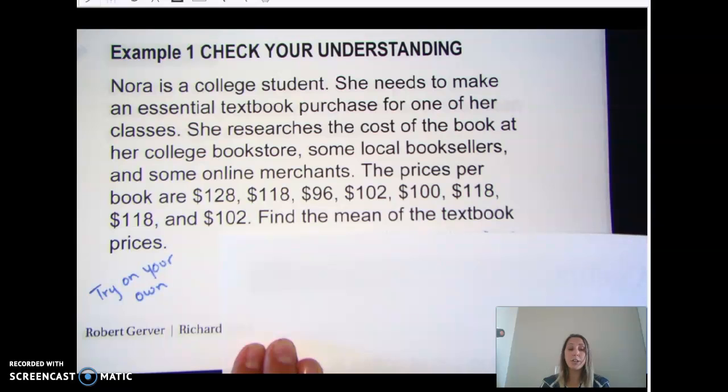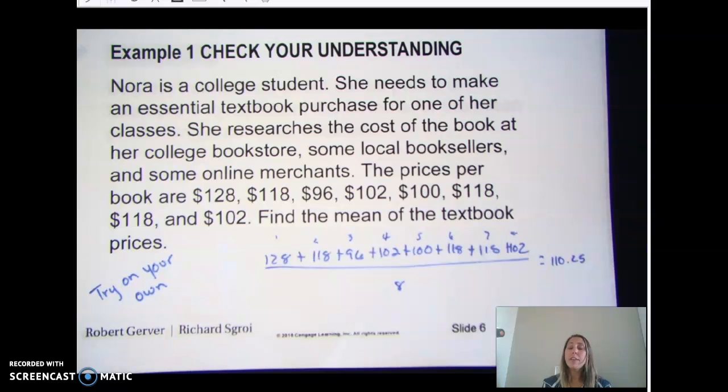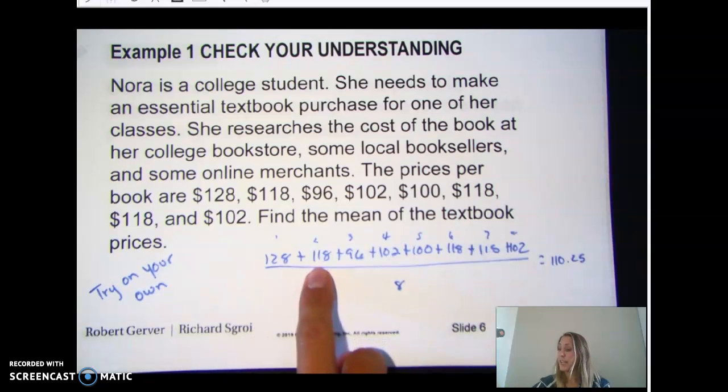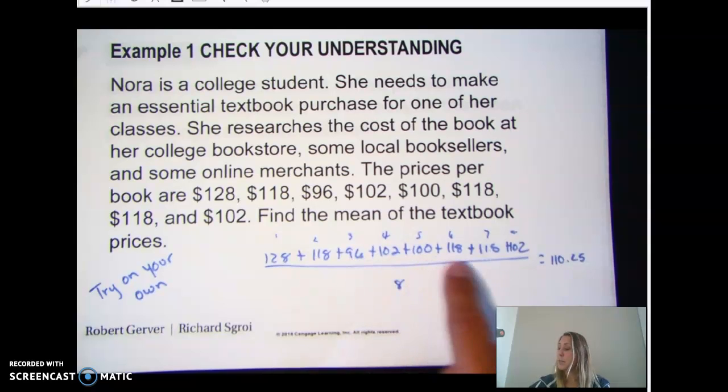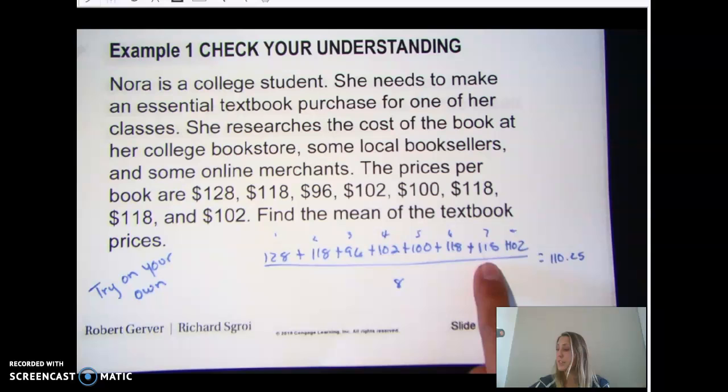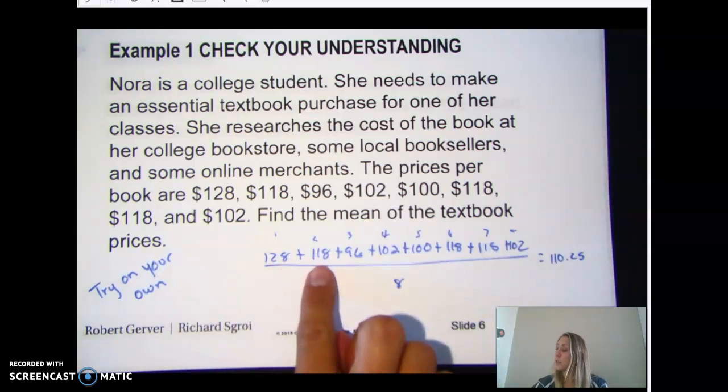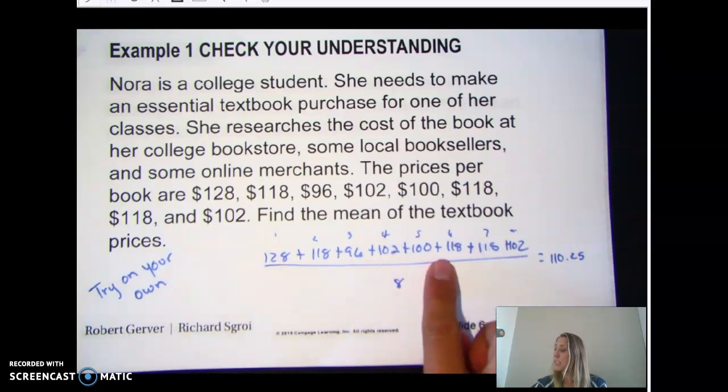This is something you're going to try on your own. You should have gotten that the mean price was $110.25. You should have added 128 plus 118 plus 96 plus 102 plus 100 plus 118 plus 115 plus 102. And there are 8 different entries. So 1, 2, 3, 4, 5, 6, 7, 8.